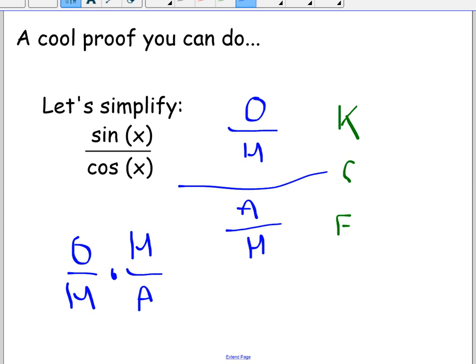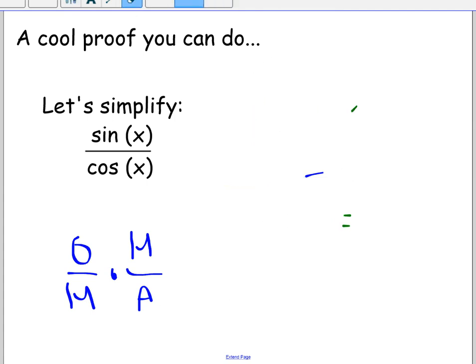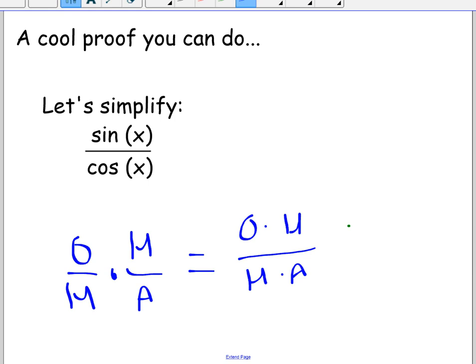So we've got opposite over hypotenuse times hypotenuse over adjacent. And when we multiply fractions, it is just top times top, bottom times bottom. So we've got O times H over H times A. And we can simplify that because we've got an H divided by an H, and they cancel.